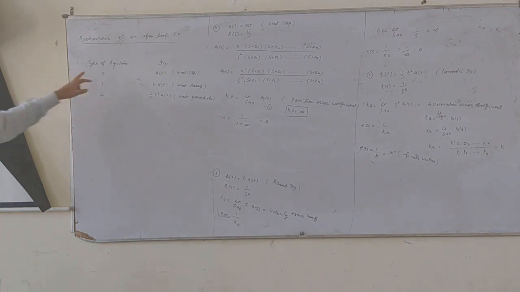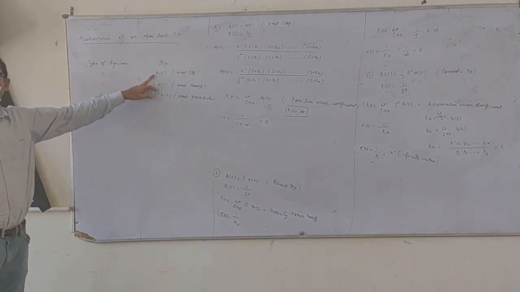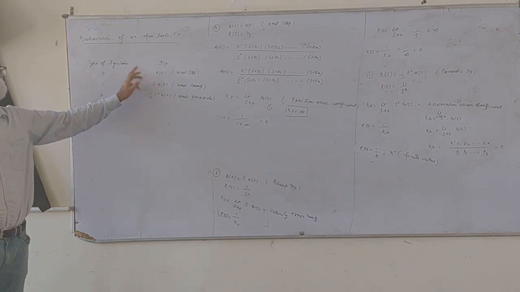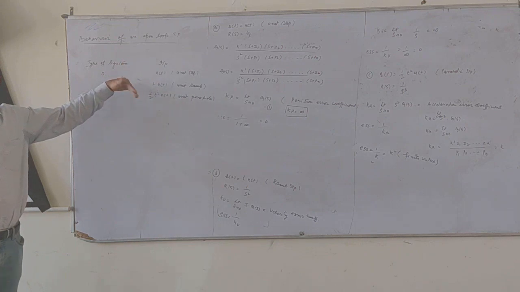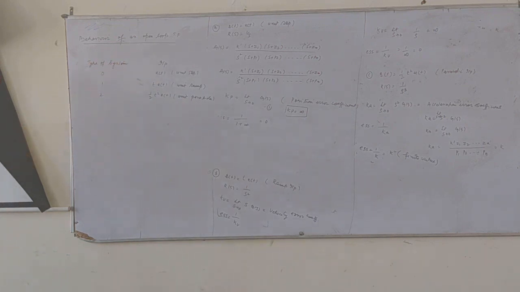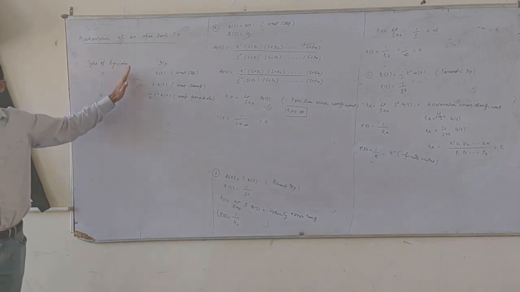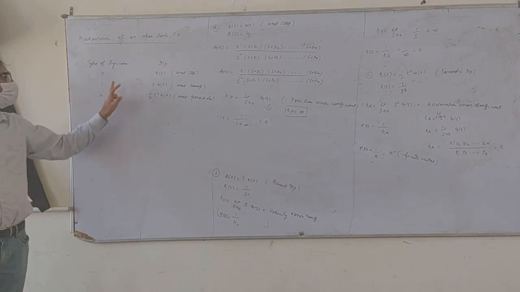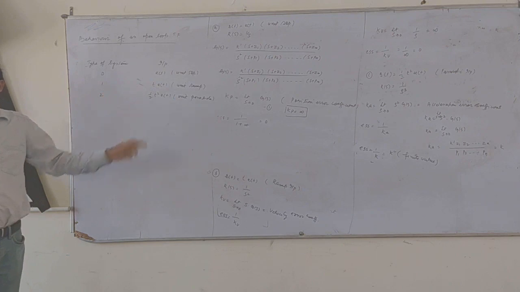If the type of the system and the order of the applied input are the same, then we will always get a finite steady state error. This is the order I am writing. Steady state error is finite here.